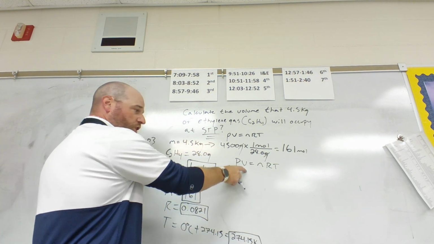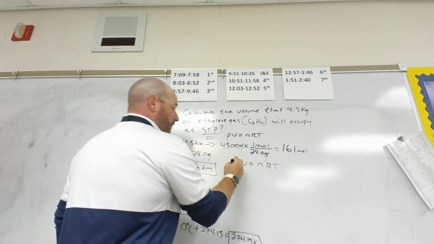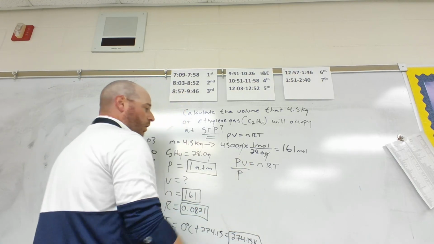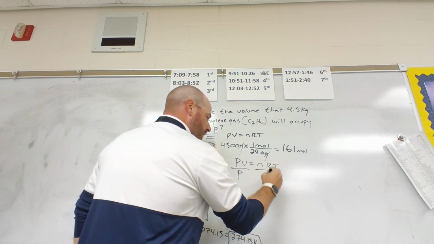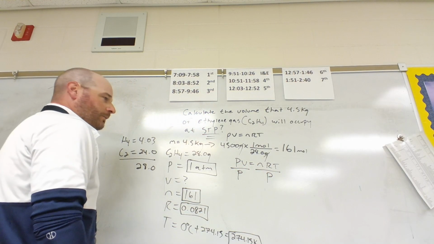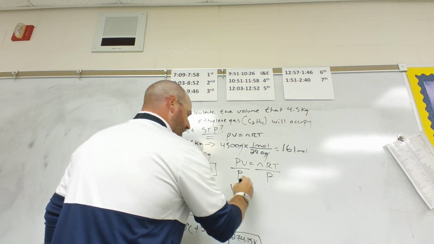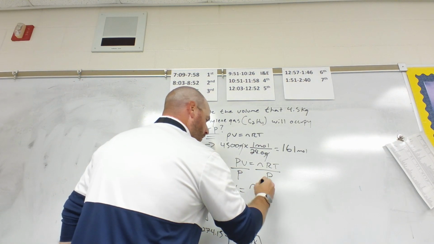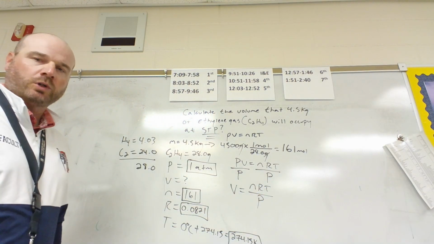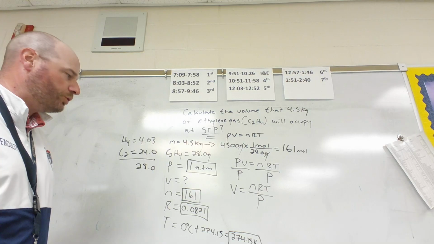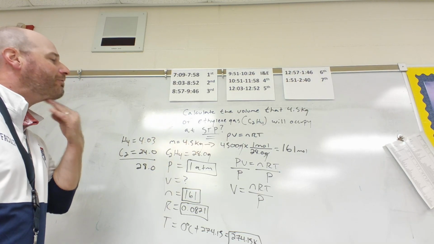This is showing multiplication, so I divide that P, or pressure, off to isolate my V. What I do to one side, I must do to the other. So I divide by P. That gives me V equals nRT over P.